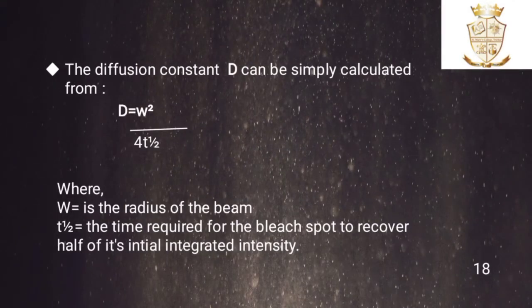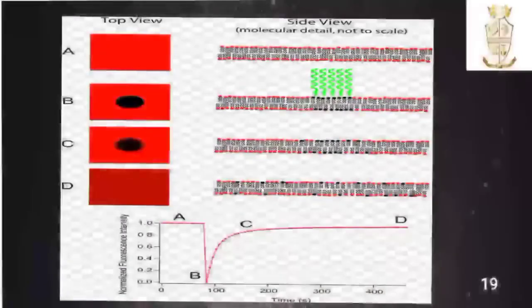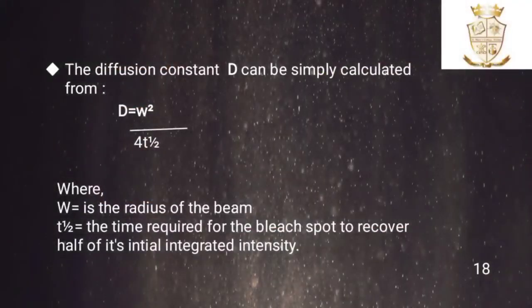D is the diffusion constant, and the diffusion constant D equals w squared divided by 4 t half, where w is the radius of the beam and t half is the time required for the bleach spot to recover half of its initial integrated intensity.